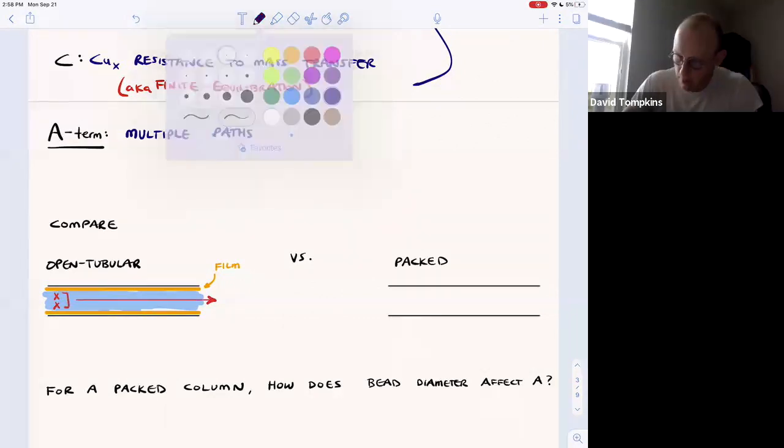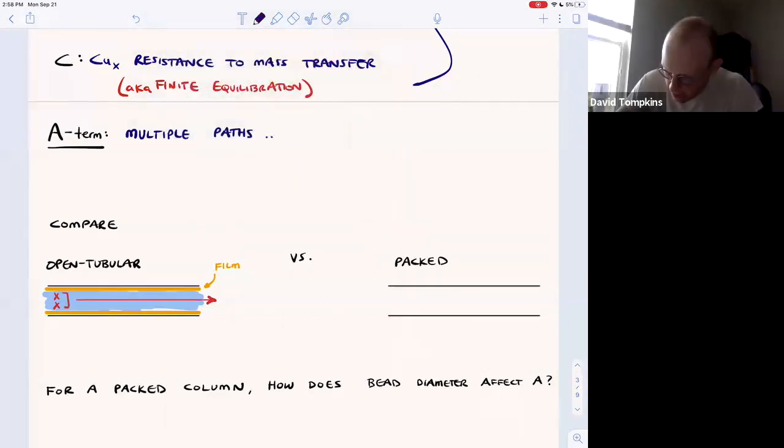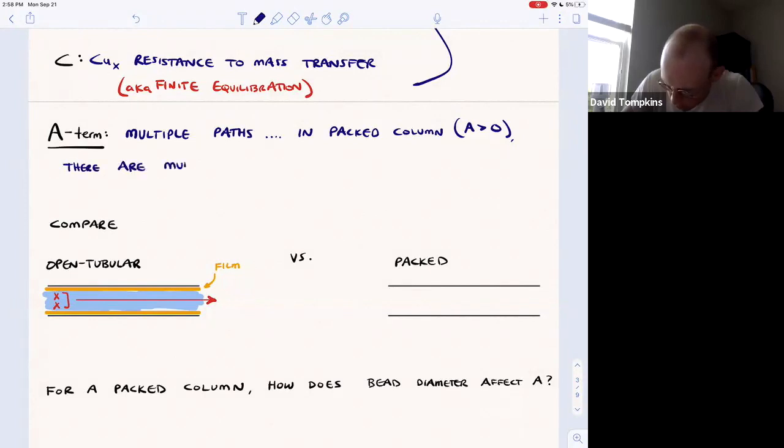So multiple paths means that in a packed column, where the A term is not 0, there are multiple paths that a single solute, like type X below, can take from the entrance to the exit.